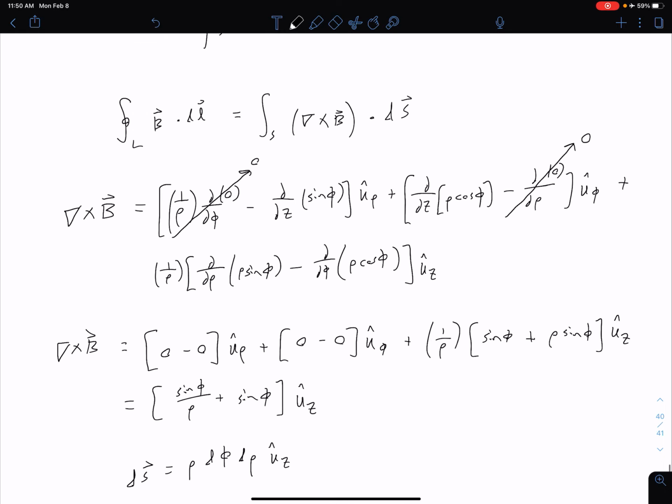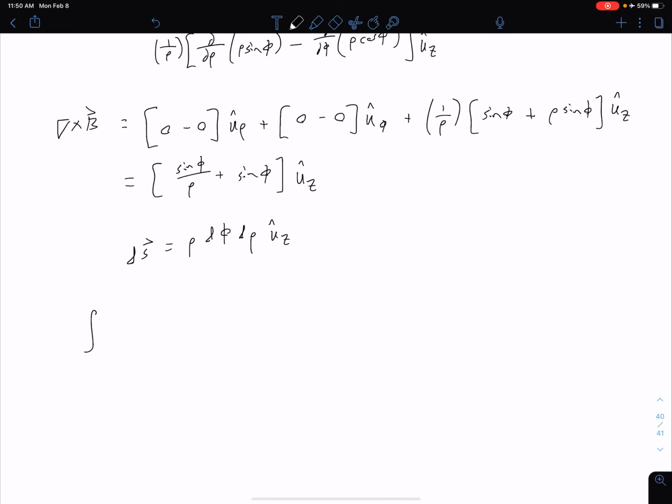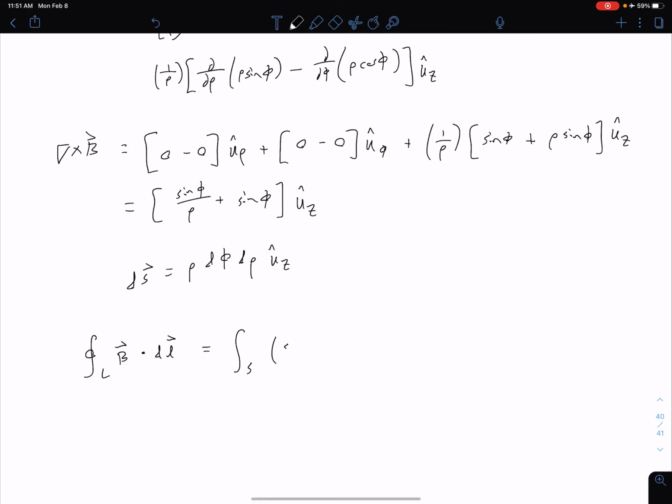So now we're just putting this information together into this equation here, so we can utilize Stokes' Theorem. So we know that the circulation of B around L, which is what we're ultimately looking for, is equal to the surface integral of, and so now we have the curl of our vector B, which is sine of phi over rho plus sine of phi in our z direction.